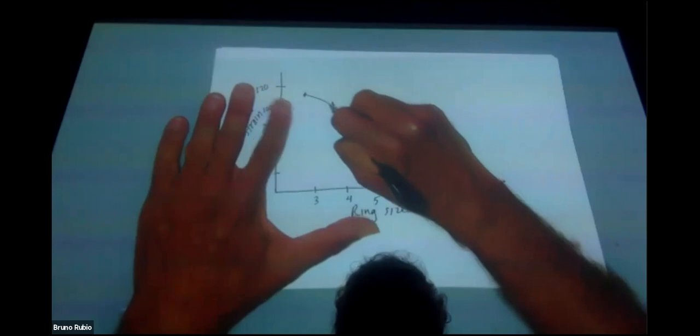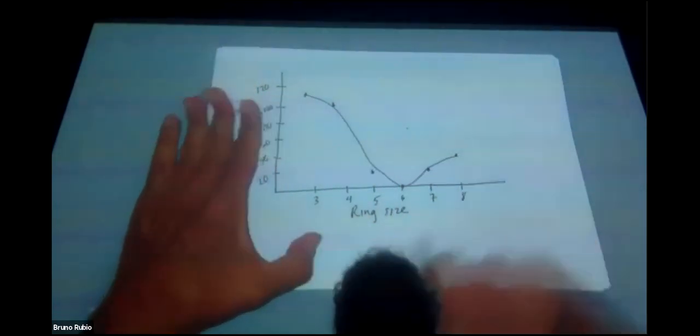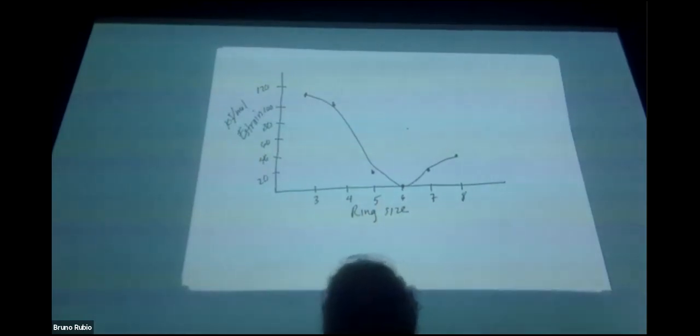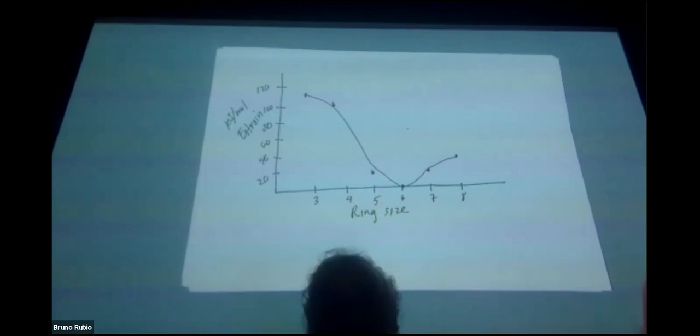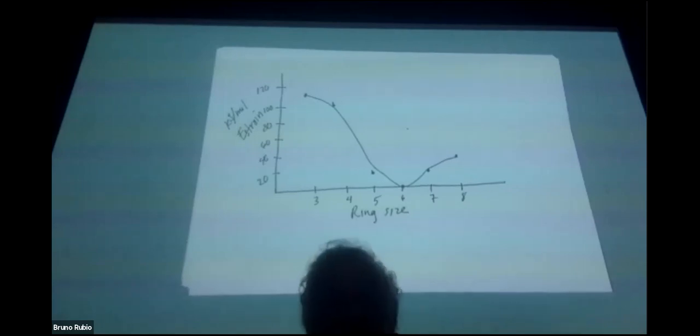So we have this nice curve which shows that the 5-membered ring and the 6-membered ring are the best. But the 7-membered ring and the 8-membered ring now begin to have a little bit more strain interaction. Okay, so the strain of a 3-membered ring is about 115 kilojoules per mole.